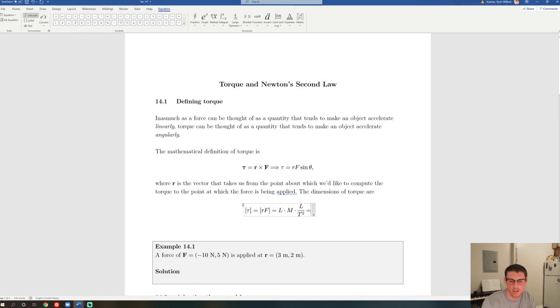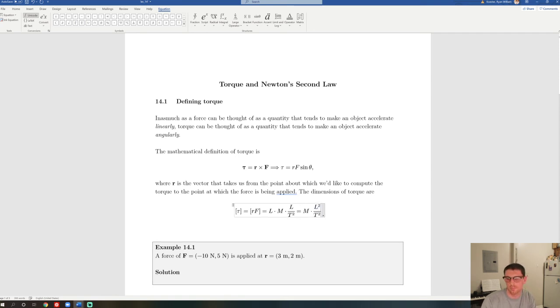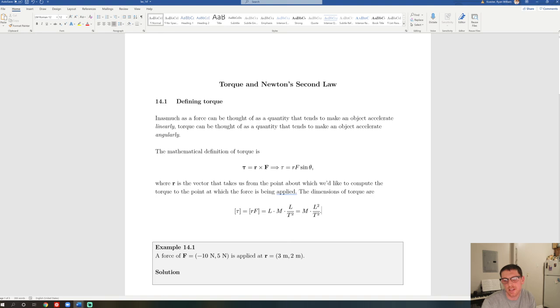And so we find that this is a mass times a length squared over a time squared. Now, why did I say this is weird?